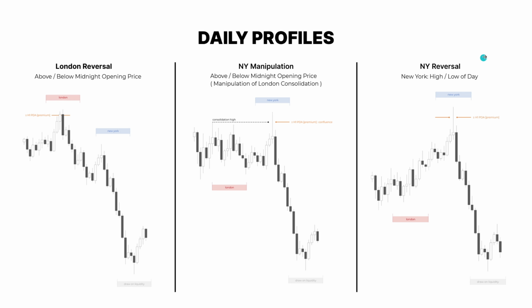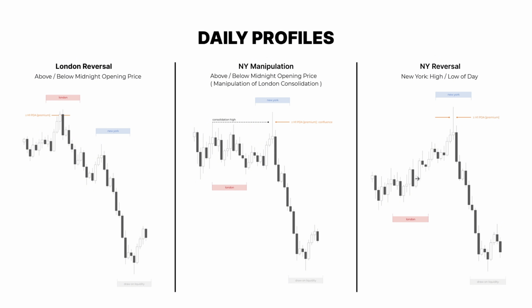Then we have New York reversal. A New York reversal basically establishes a New York high of day or low of the day. Meaning normally the daily candle forms with an open, high, the body, the low and the close, right? Or vice versa, open, low, high, close. So in this case, London is consolidating.